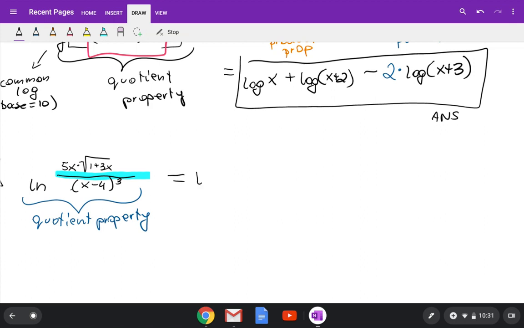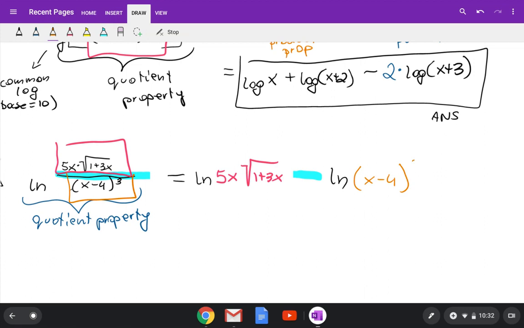So that will become ln of the numerator, which is 5x square root of 1 plus 3x, minus ln of the denominator, which is x minus 4 to the third power.